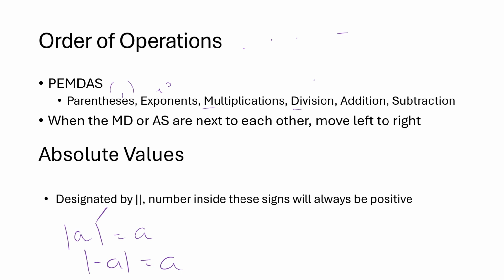But what if you get a negative with the absolute value? Because we're only focusing on what's inside of the absolute value, the answer actually becomes negative A, because A itself is positive. But we still have to add that negative, which is outside of the absolute value, so we can't really make that positive. So the answer would actually be negative. But because it's not in the sign, it still follows that rule. Just something to take notice of.